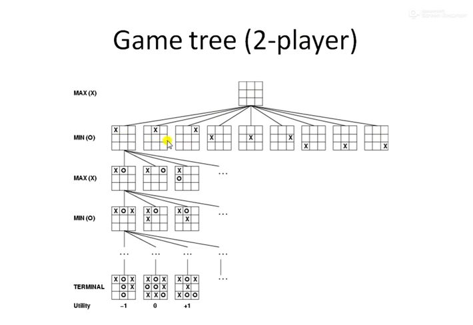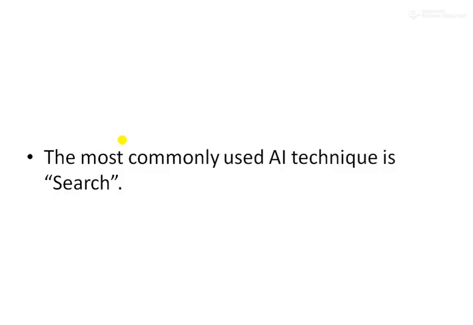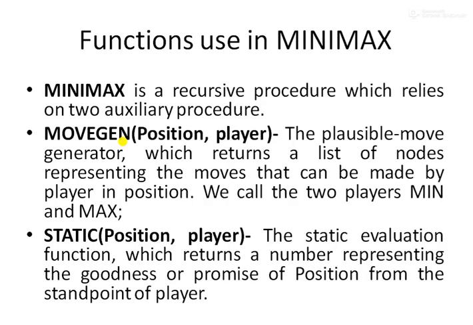That means 9 possible moves are available here. So that is the role of the moveGen. In any position, it tells how many possible moves are available for one particular player. And before choosing, whether in the initial state Max will choose this or this, one evaluation or heuristic function will be used to pick the move, and it will be done recursively. So these are the two functions, moveGen and the static function, which can be inside the MiniMax recursive function.